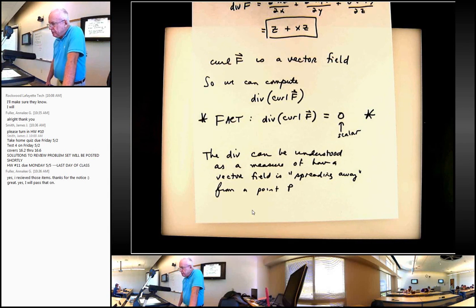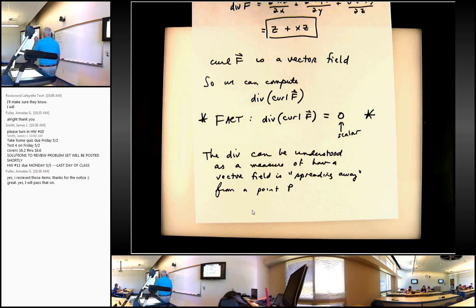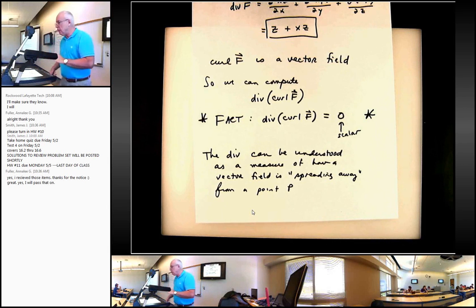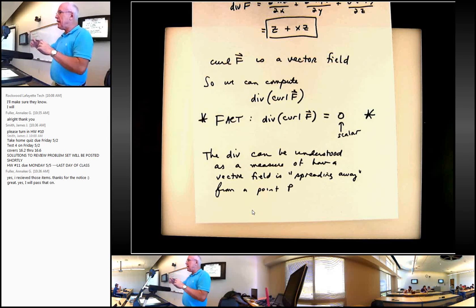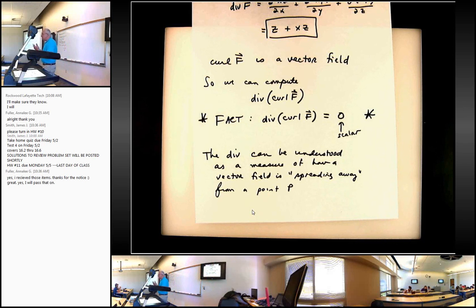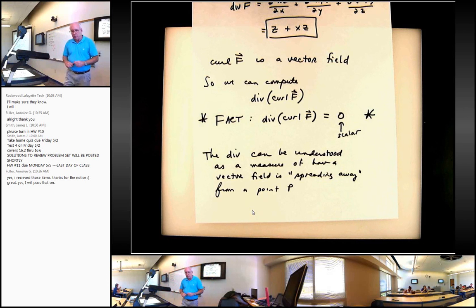How this can be measured is you can look at a point and pretend that you have a little sphere around the point and look at how much is flowing out of the sphere versus how much is flowing into the sphere. View it as either fluid or air, something that's flowing around.